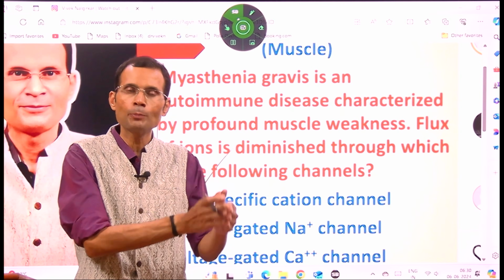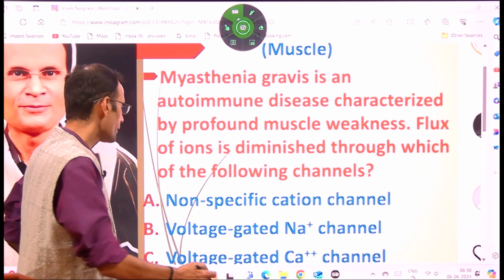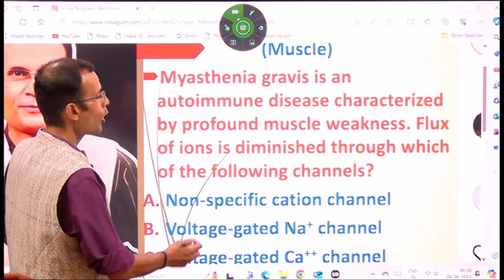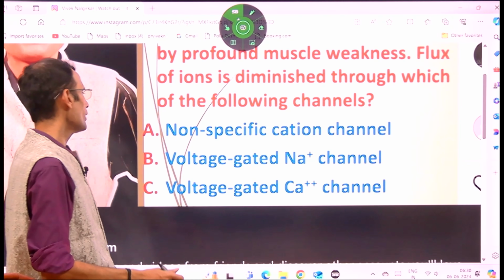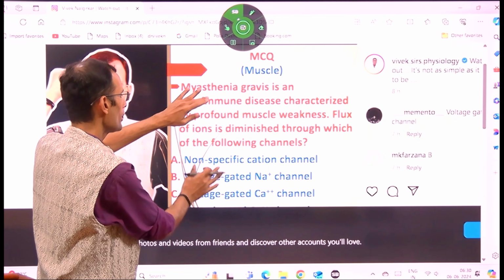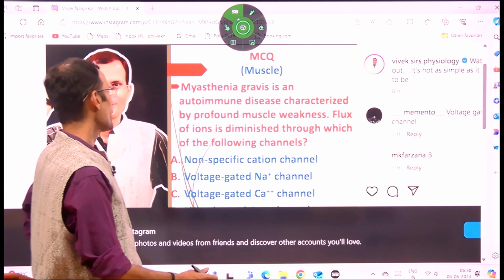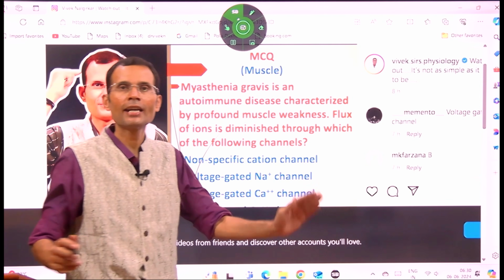Receptor portion is one portion, the other portion is the channel. What is that channel typically? Okay, so the options are: is it a non-specific cation channel, or a voltage gated calcium channel, or a voltage gated sodium channel, or a ligand gated calcium channel?